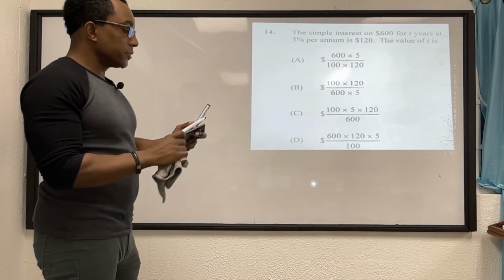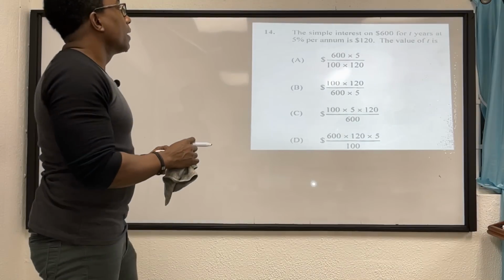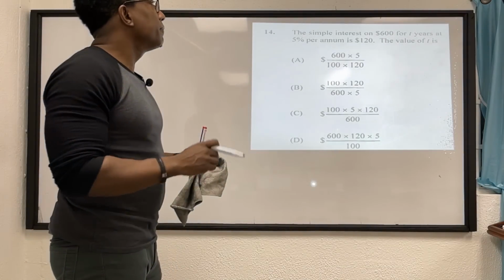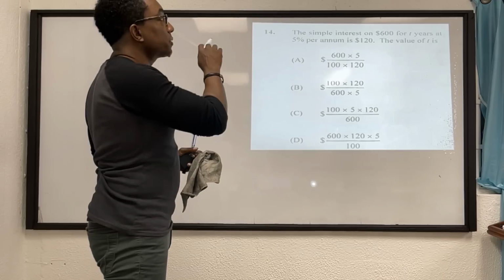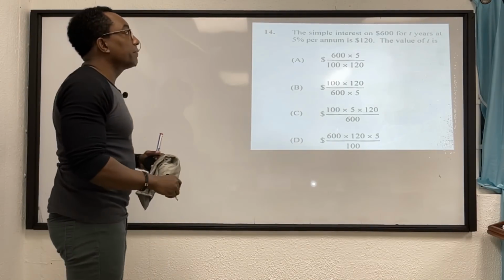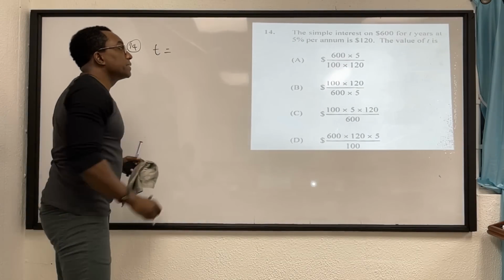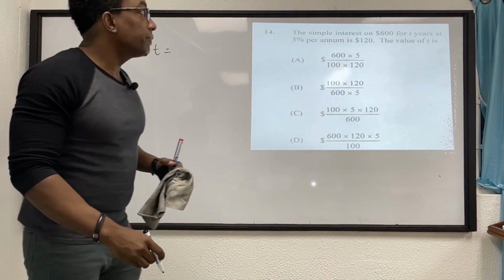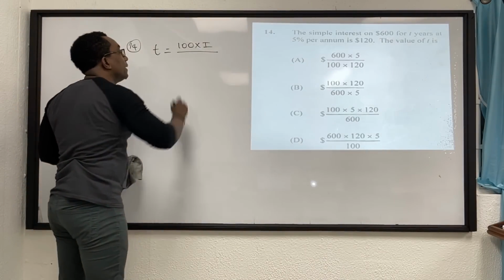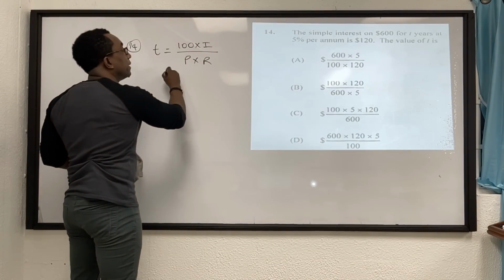The simple interest on $600 for 3 years at 5% per annum is $120. The value of T is? So the simple interest on $600 for 3 years at 5% per annum is 120. What is the value of T? So T represents our time in years, and that is found by simply multiplying 100 by the simple interest, all over the principal by the rate.